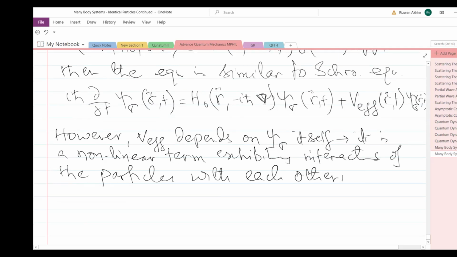Therefore, finally, we need to write a corresponding equation for the multi-particle wave function.